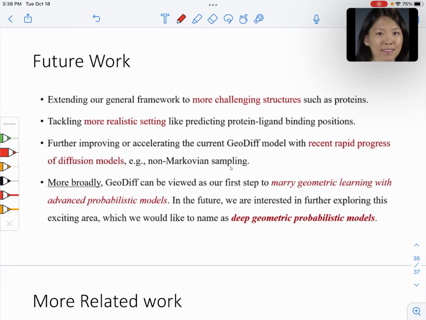When the graph size becomes much larger, there should be more careful design towards the scalability issue. Yeah, in their future work, the second line, they mention protein ligand binding. So that makes me wonder how they plan to do that.